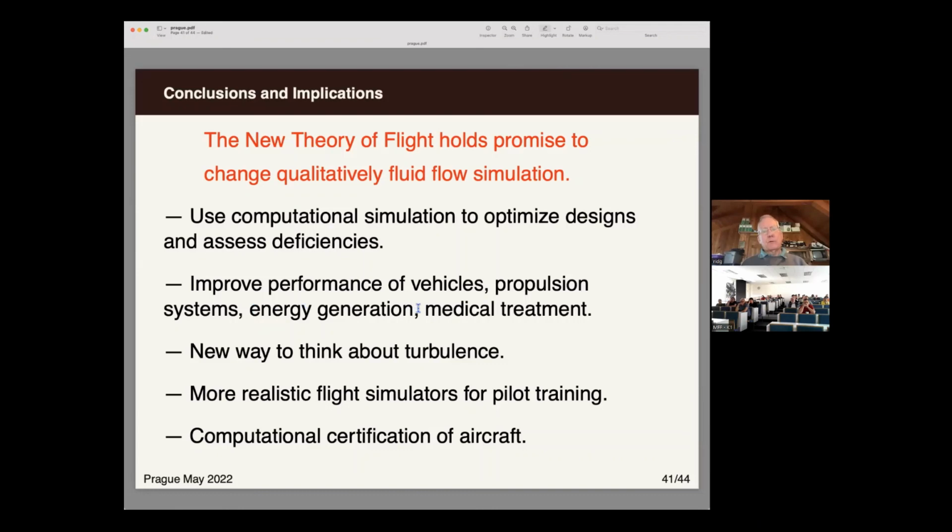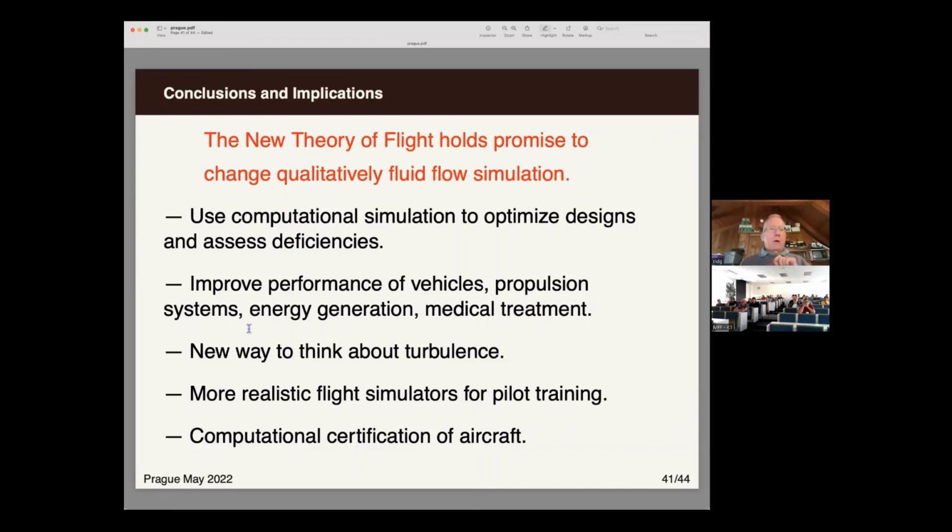Energy generation, such as wind turbines, and even medical treatments. My colleague Ingeborg has been looking at instabilities in blood vessels, where she relates the existence of instabilities to possible medical issues.